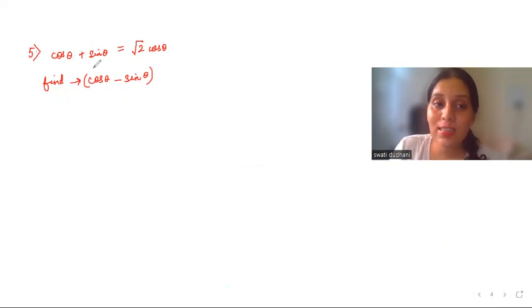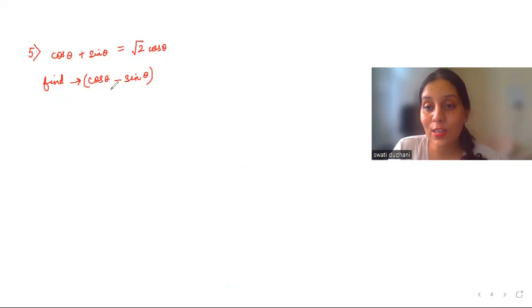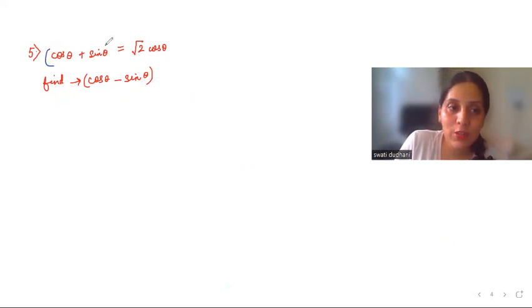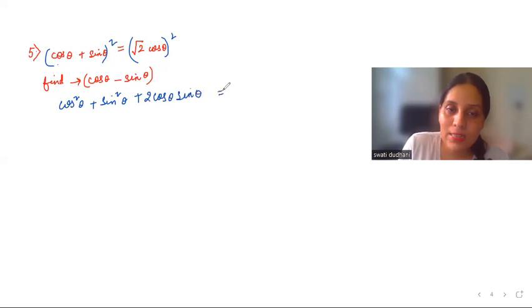Cos theta plus sin theta is root 2 cos theta, and we need to find cos theta minus sin theta. So my given question, I'm going to square it on both the sides, and I get a plus b whole square is a square plus b square plus 2ab, is equal to root 2 whole square is 2 and cos square theta.